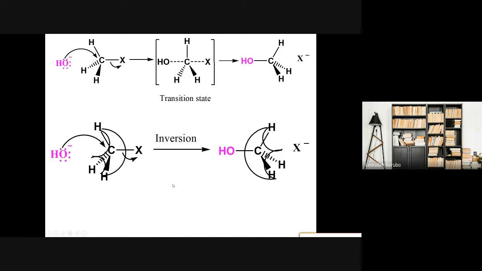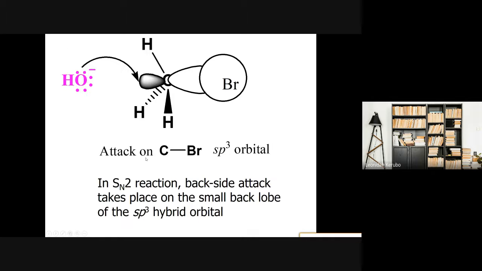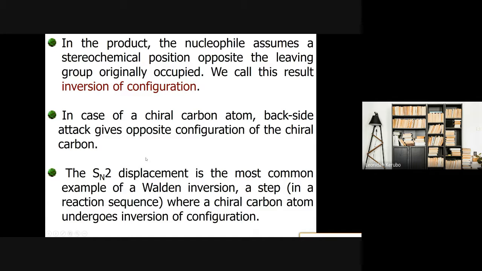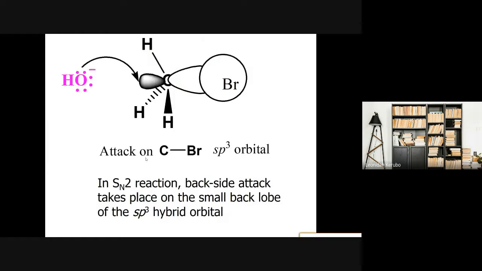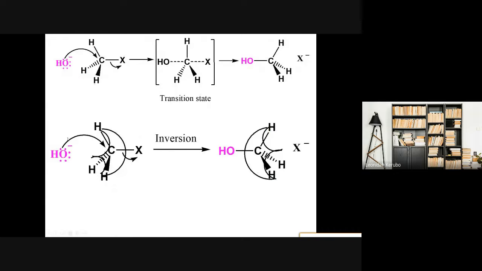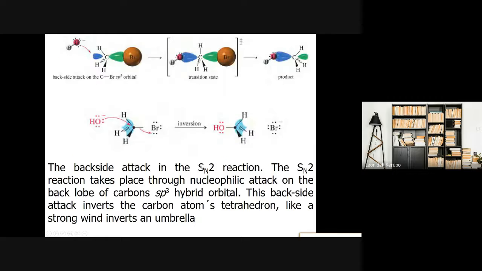The configuration is inverted, like an umbrella caught by wind, inverted to the other side. So when a nucleophile forms a new bond to this electrophilic carbon, the bonds to hydrogen and the other atoms are now inverted to the other side, and you get inversion of configuration.